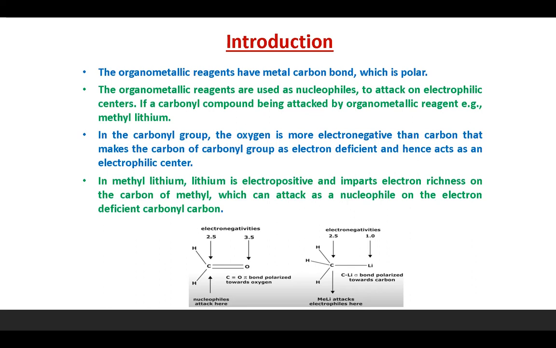The metal, being electropositive in nature, imparts electron richness on the carbon directly attached to the metal in the organometallic reagent. The organometallic reagents are used as nucleophiles to attack electrophilic centers.